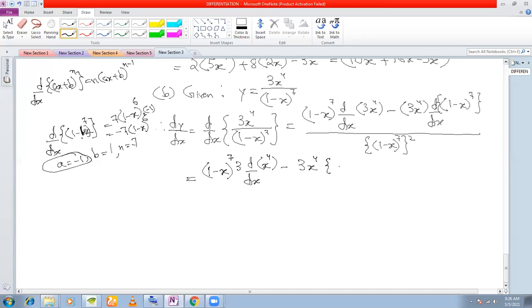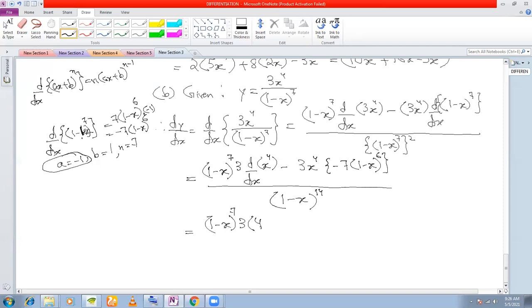Yes. So this will be minus 7 into (1 minus x) to the power of 6 whole divided by (1 minus x) to the power of 14. Okay, so this is (1 minus x) whole to the power of 7, and d/dx of x to the power of 4 is 4x cubed.